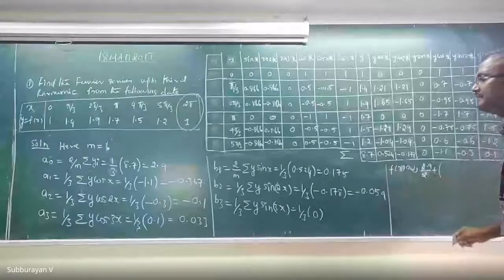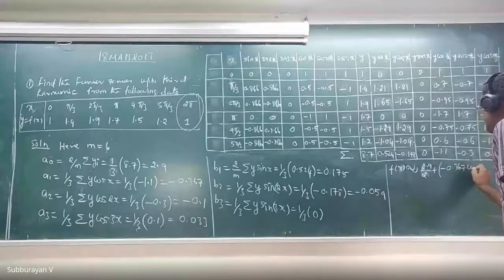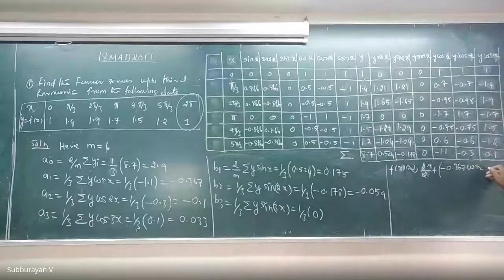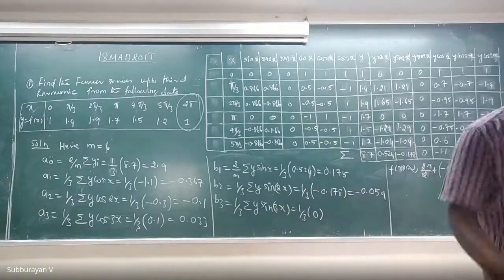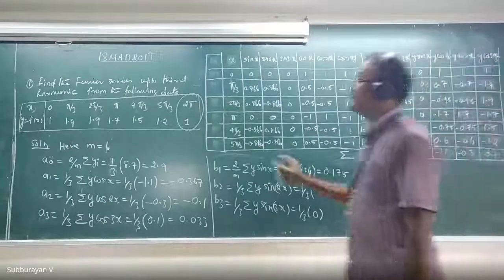A1 is minus 0.367, minus 0.367 cos x. And b1 is 0.175. Is this visible? No, sir. Yeah, I will write it in some other place. Okay, I will write it here.